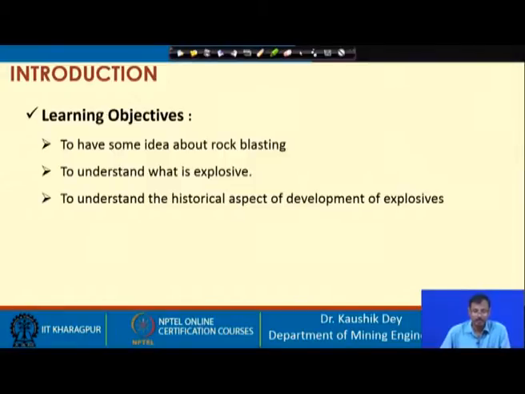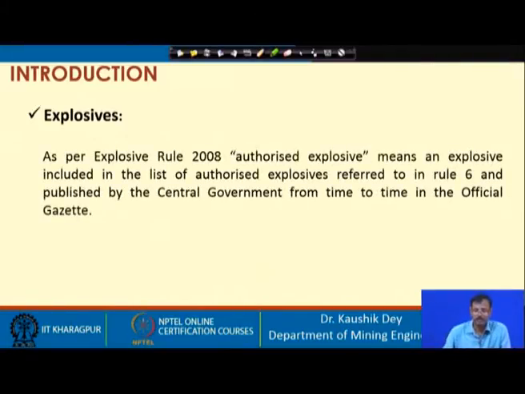In fact, people have spent their whole lives improving explosives and inventing new explosives, and those are basically the essential requirement which is asked by the industry. So, we should first understand what is explosive, how it is technically called explosive, then we will go into the details of the historical perspective of the development of the explosive.